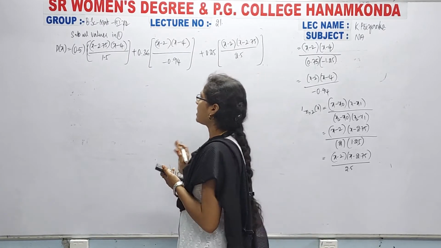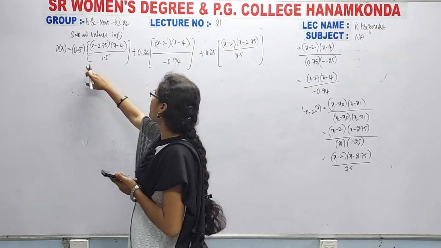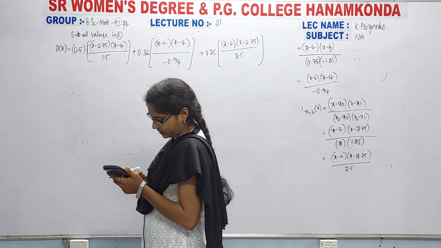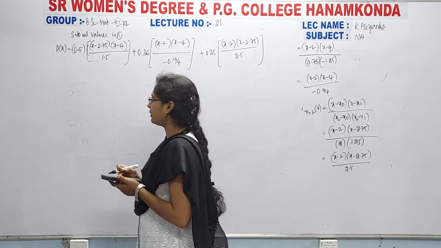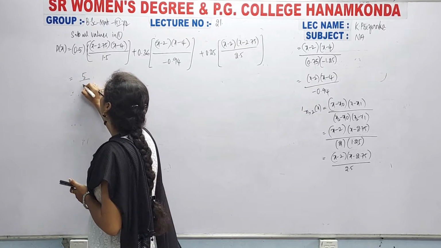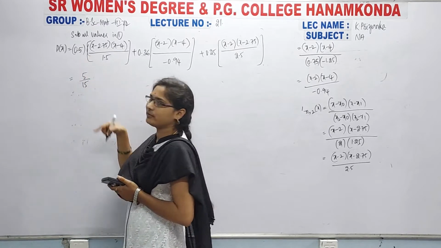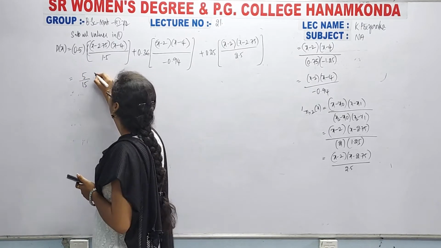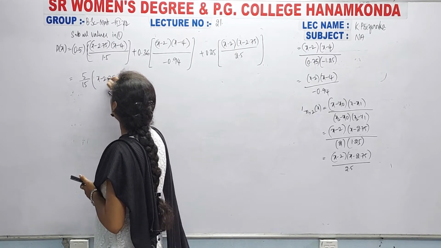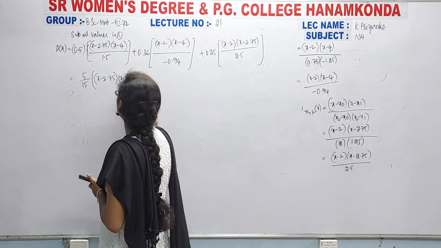So now simply I am taking 0.5 by 1.5. So 0.5 divided by 1.5, that is 0.333 we are getting. Otherwise simply I will take 1 by 15, because the point will be cancelled. Then we will get 5 by 15 of x minus 2.75 into x minus 4.